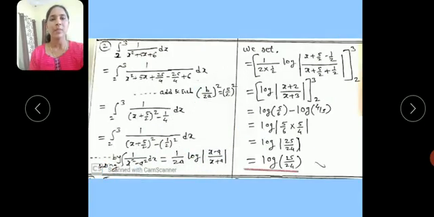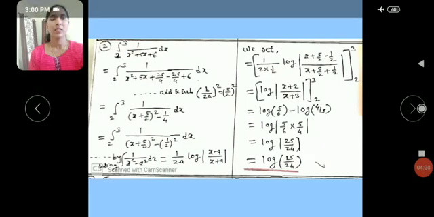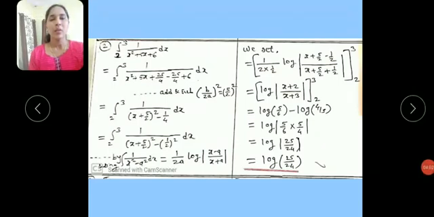Now second example. Here, integration of 2 to 3 of 1 upon x square plus 5x plus 6 dx. This is equal to 2 to 3 of 1 upon x square plus 5x plus 25 by 4 minus 25 by 4 plus 6 dx.